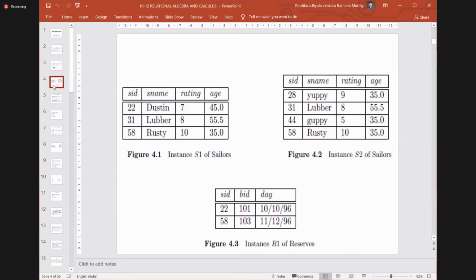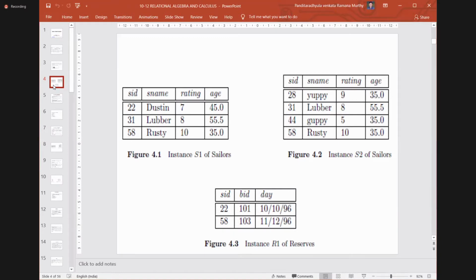What is the meaning of relational algebra and relational calculus? Here we are also presenting these 3 tables in the form of relations: a Sailors table with some data at a particular instance, similarly Boats data, similarly Reserves data.